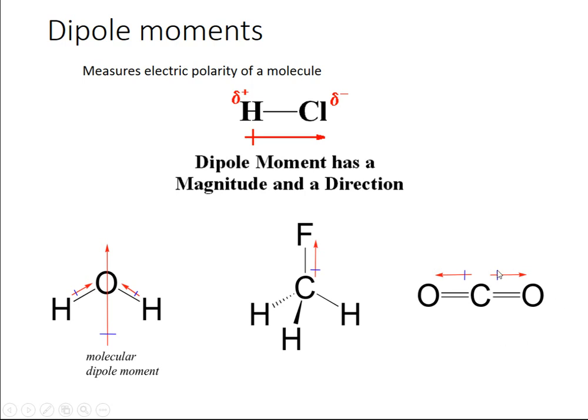So in total, this molecule, carbon dioxide, has 0 dipole moment because these two cancel each other. If this is 1, this is -1. If you add them, you have 0. So we are saying the polarities in carbon dioxide cancel each other. In the end, the dipole moment is 0.